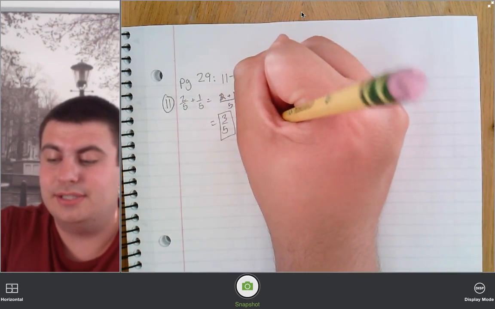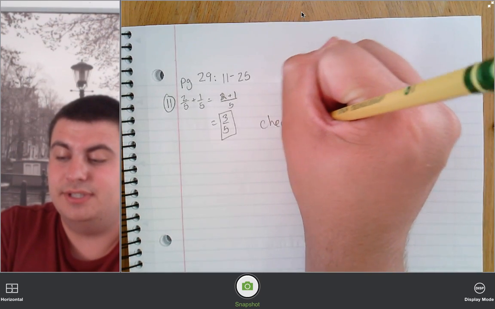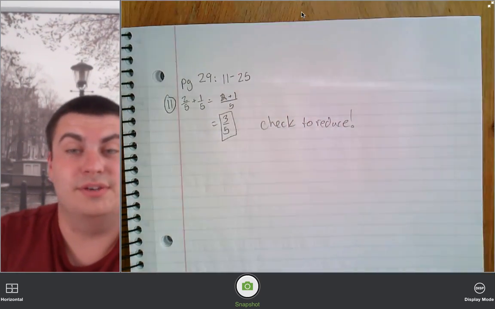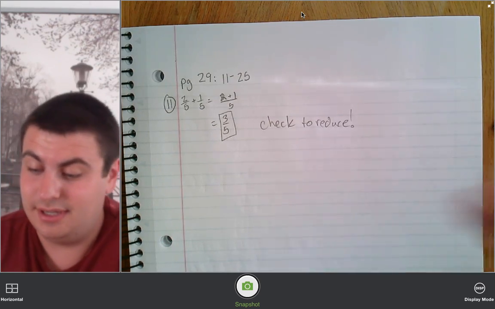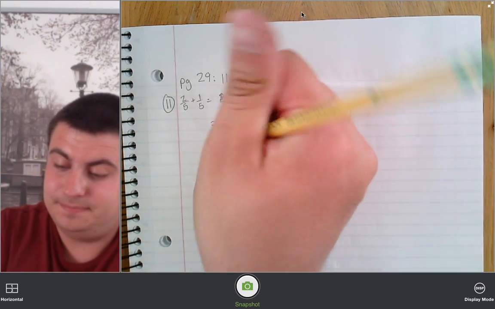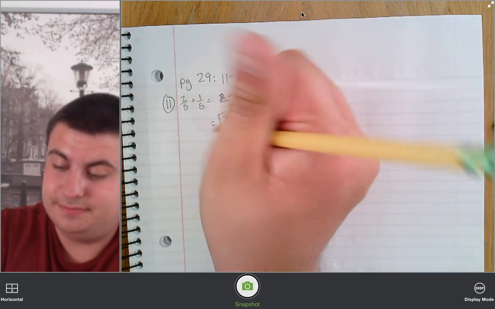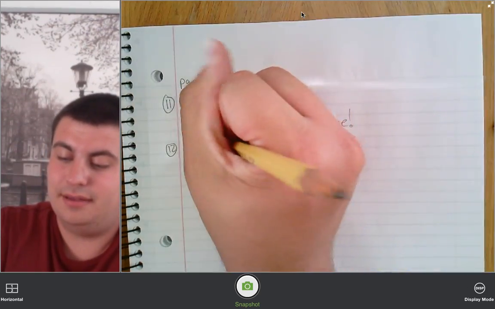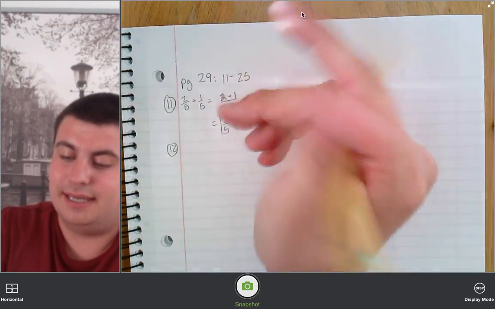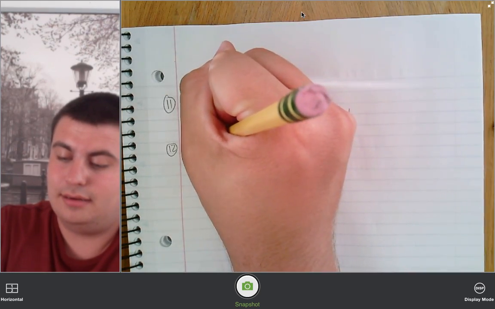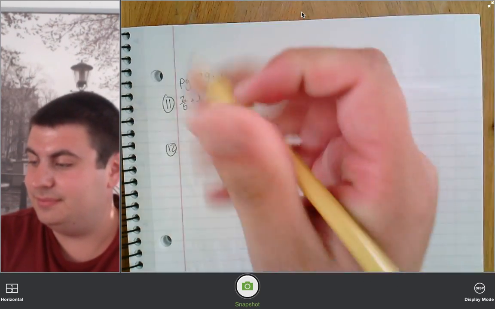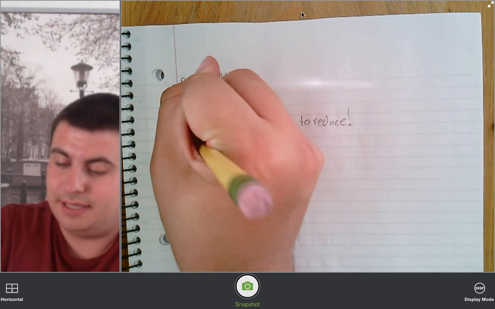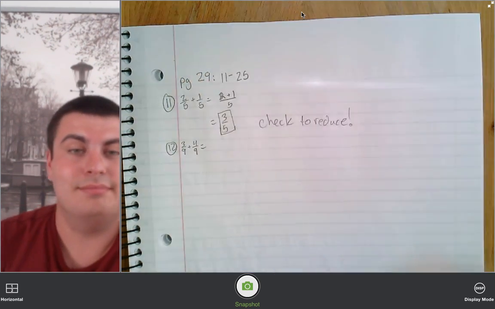We always check to reduce. Don't forget to check to reduce. We skip a line. We go to number 12. Let me make my box a little smaller so I can save one line. Number 12, we write that. 3/9 plus 4/9. And away we go.